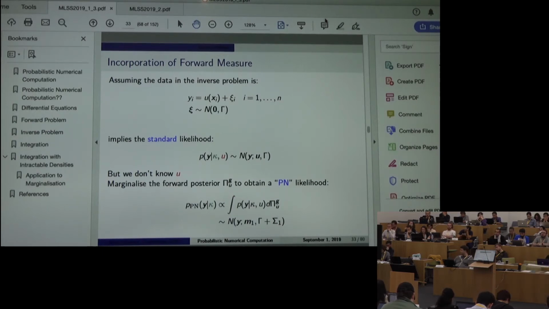What's next? And the covariance structure now looks like this. The covariance is actually going to be equal to the sum of the covariance of the data error, right, and the covariance associated with the unknown function.